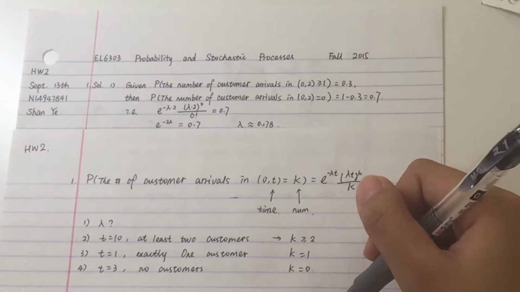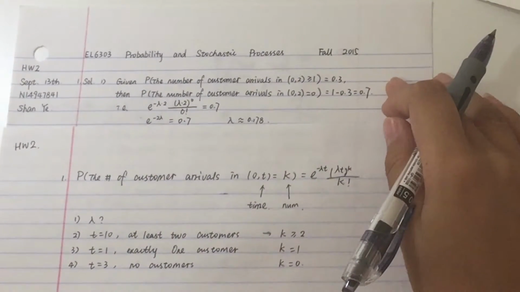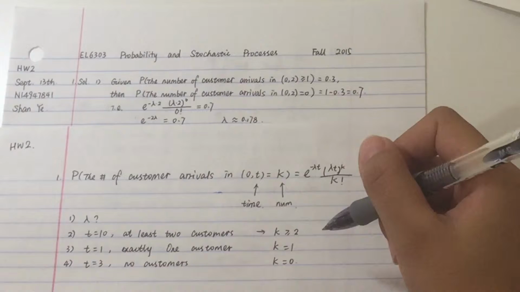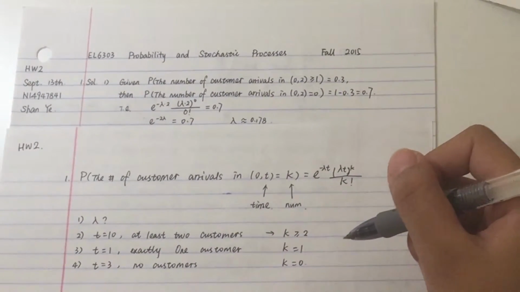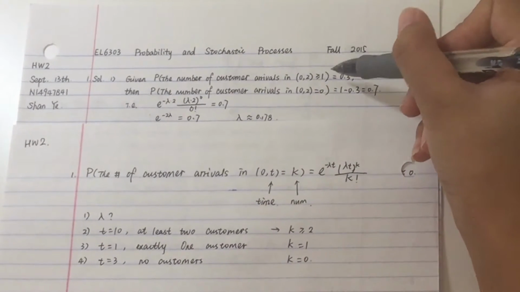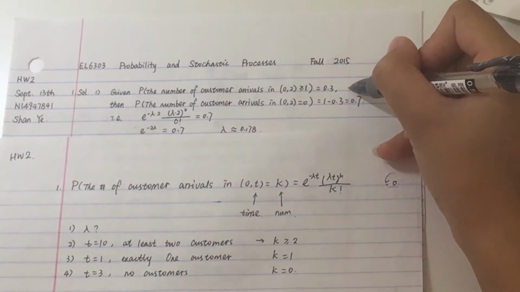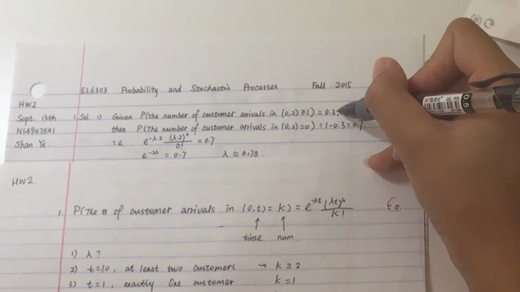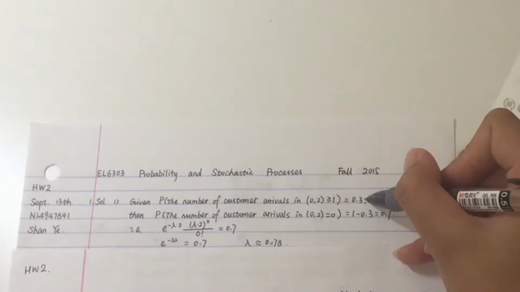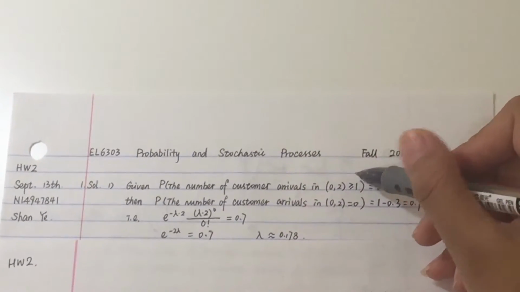Let's do the first small question, to find lambda. We know in 2 minutes, at least one customer arrives with probability 0.3. That means in the expression, here is t, here is k. At least one customer means k is larger than one.